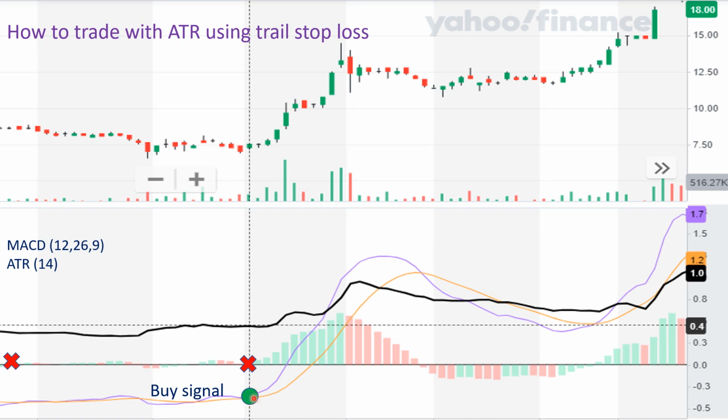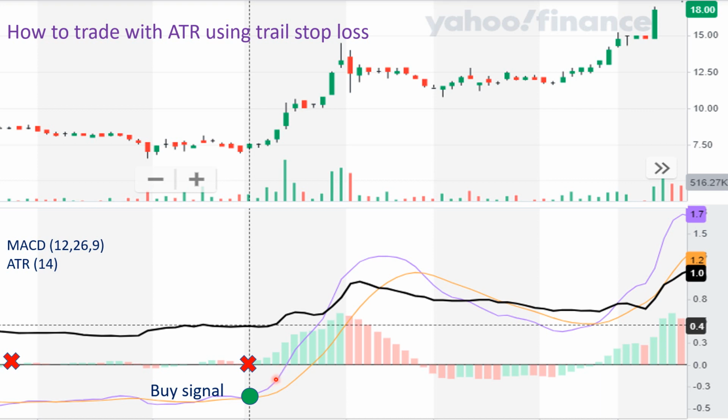Now the trend after that is going upward, and the stop loss is going to move with the price, and each time the price goes up, the stop loss is going to go up. It's going to lock in profit.